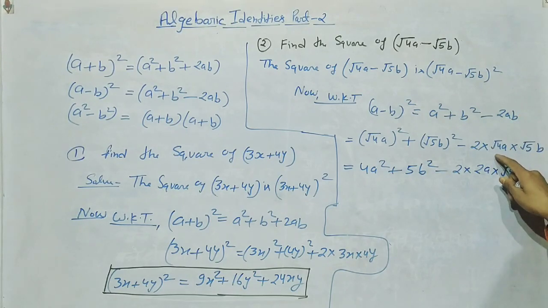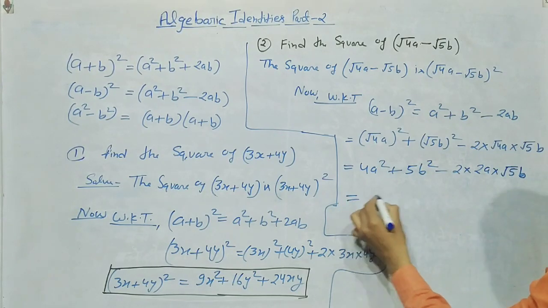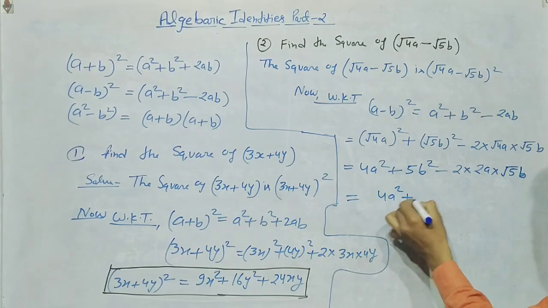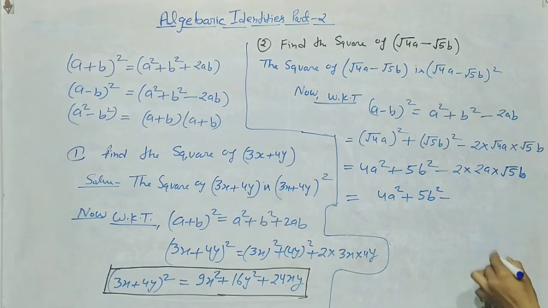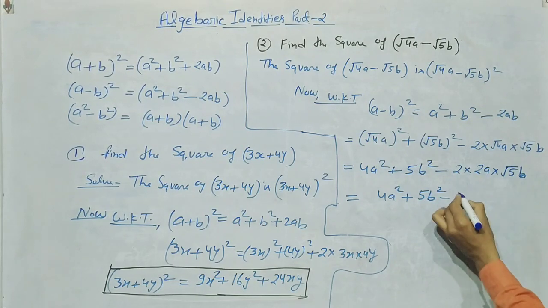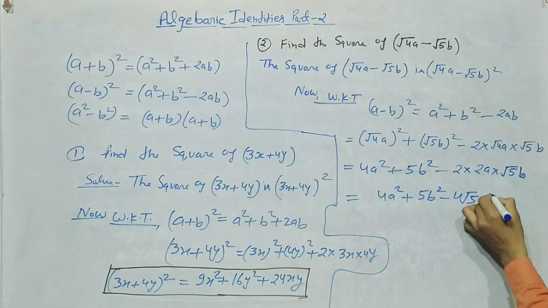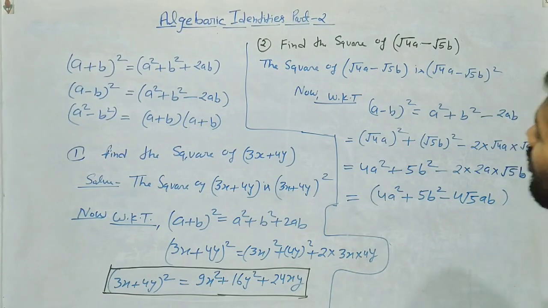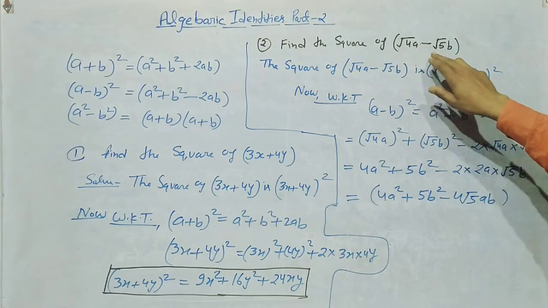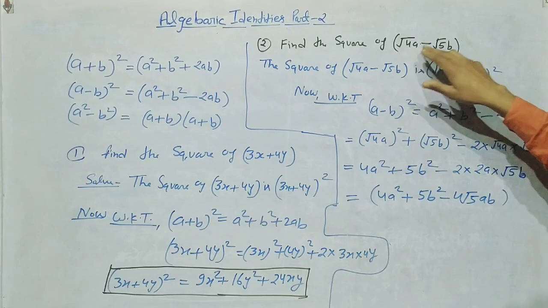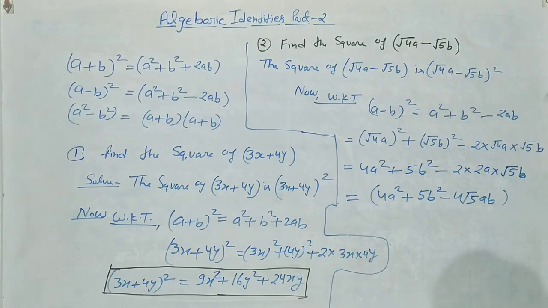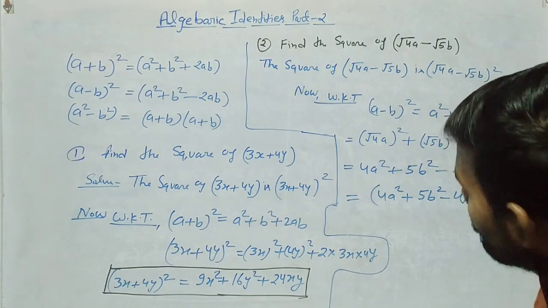Root 4 is equal to 2. Now 4a square plus 5b square minus 4 root 5ab. This is the answer of root 4a minus root 5b whole square. So very easy and interesting.